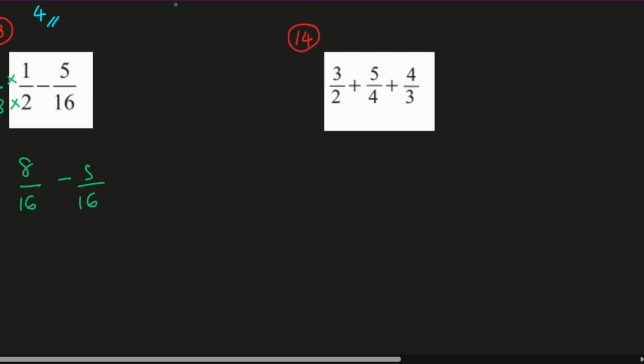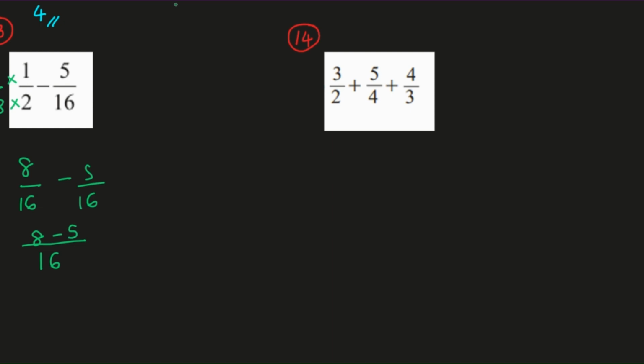Now the denominators are same, so you can write its denominator as 16. 8 minus 5. The answer is 3 upon 16. Cannot simplify this further. So the answer is 3 upon 16.